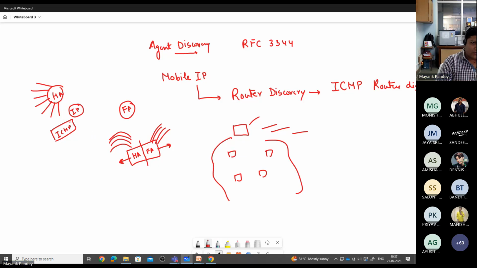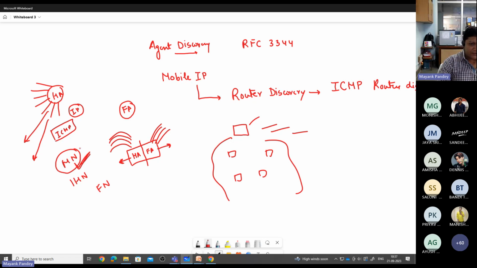Seeing the agent advertisement, the mobile node can know whether it is in the home network or a foreign network. Is it true? How? Because the mobile node has its own IP address.